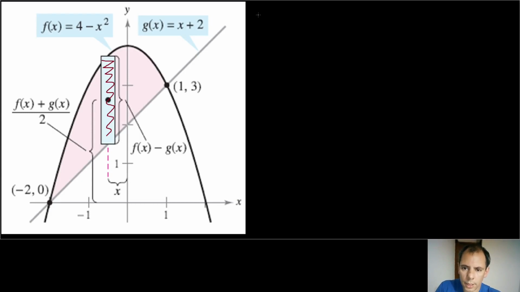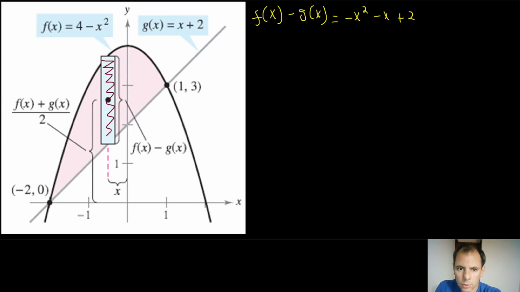We have to calculate many things, like f of x minus g of x. Well, f of x minus g of x will be 4 minus x squared minus x minus 2. So it's minus x squared minus x plus 2.